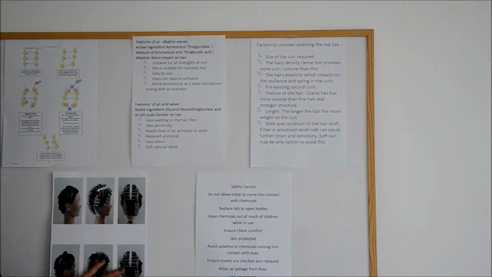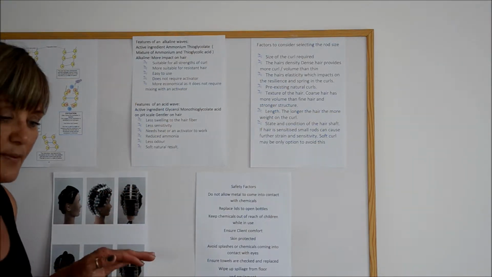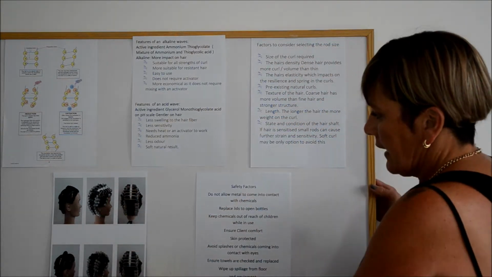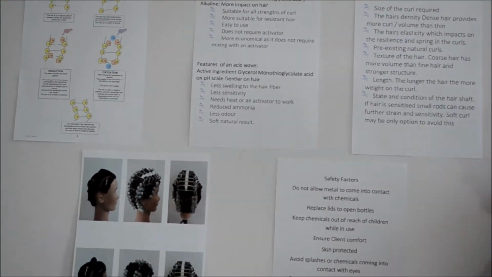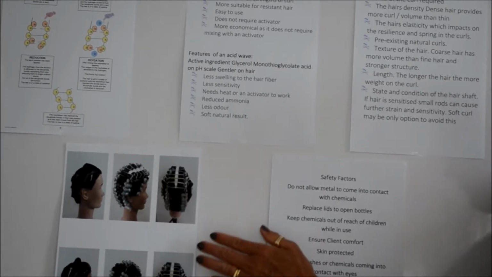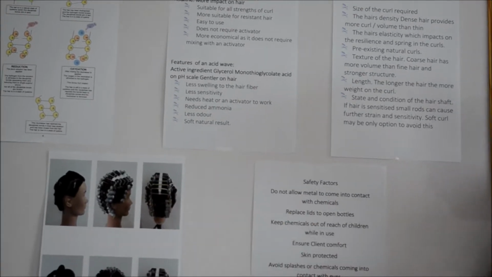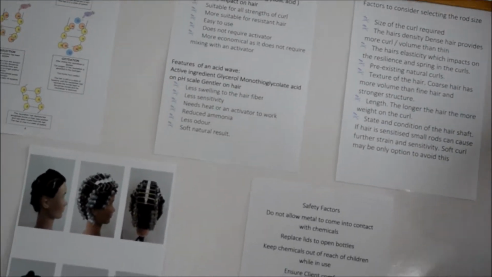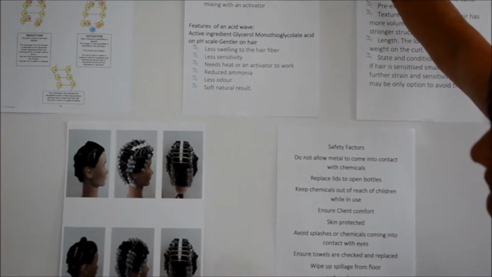In terms of winding, in your resource book there are some placements for the perm wind, and I'll just bring this slightly further forward so you can see this. So we have two different placements for a full head wind. We have a classic wind and we have a wind for a slightly smaller head.